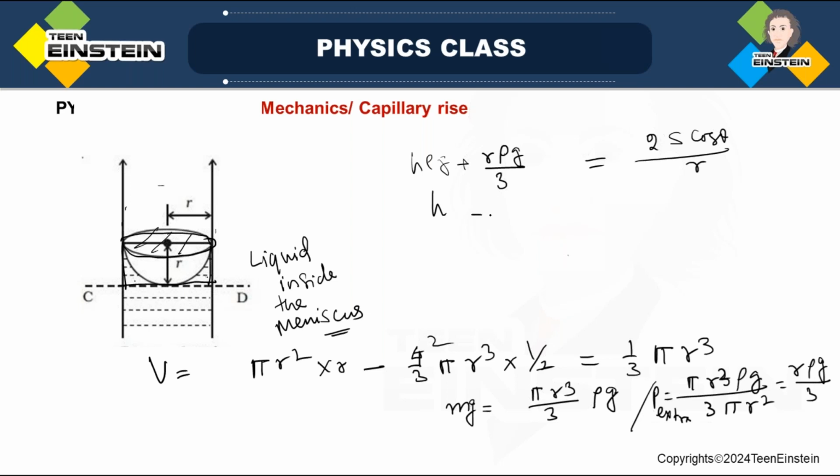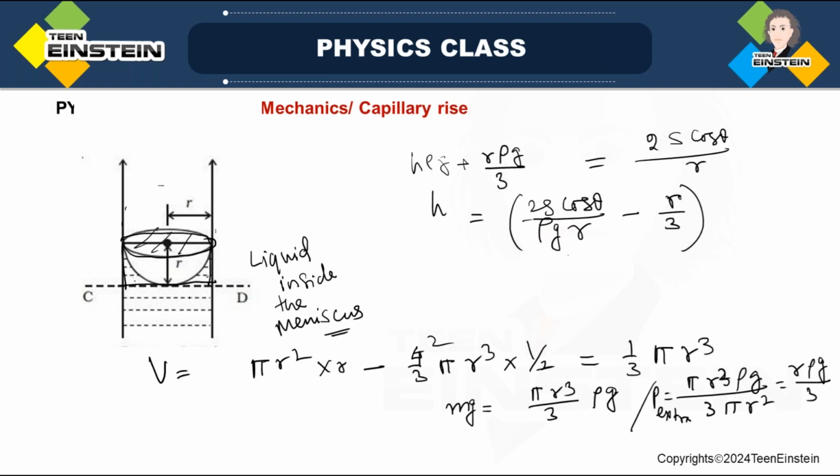So h rho g is 2s cos theta by r minus r by 3 rho g. Now you strike out rho g from here and divide. So h equals 2s cos theta by rho r g minus r by 3. So this is how we get the correction factor when we consider the extra pressure obtained from this water in the meniscus.